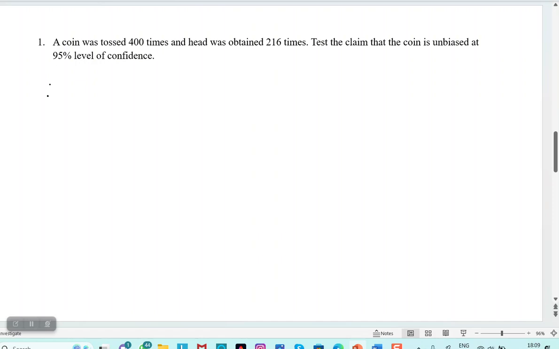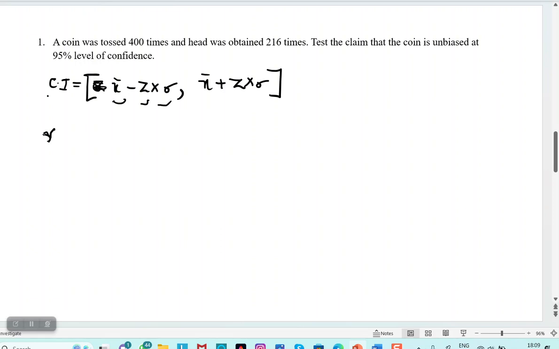So in binomial distribution, the confidence interval is x bar minus z into sigma, comma, x bar plus z into sigma. We need to know what x bar, z and sigma are. Now x bar has a formula, which is n into p. Since it's a problem of binomial distribution, we need to define a success.